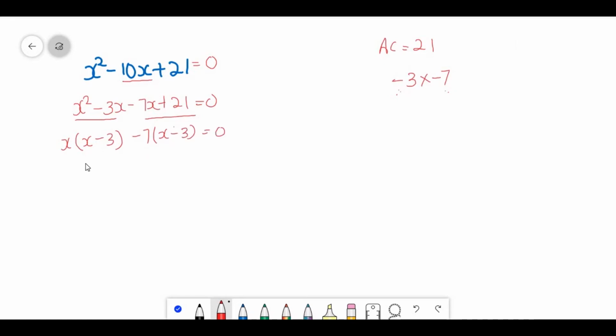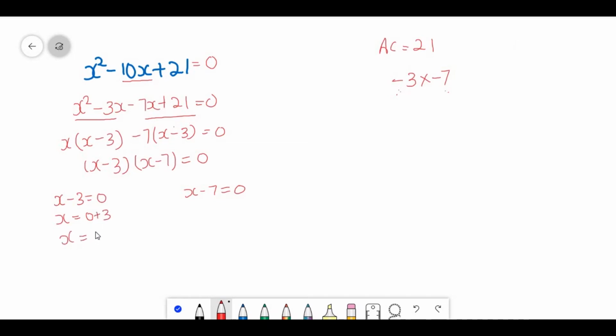So both brackets have the same thing. So we write x take 3 in the first bracket and x take 7 in the second bracket equal to 0. So we can separate them now. X take 3 is equal to 0 and x take 7 is equal to 0, and we solve for x. When we transpose it, we have x is equal to 0 plus 3.